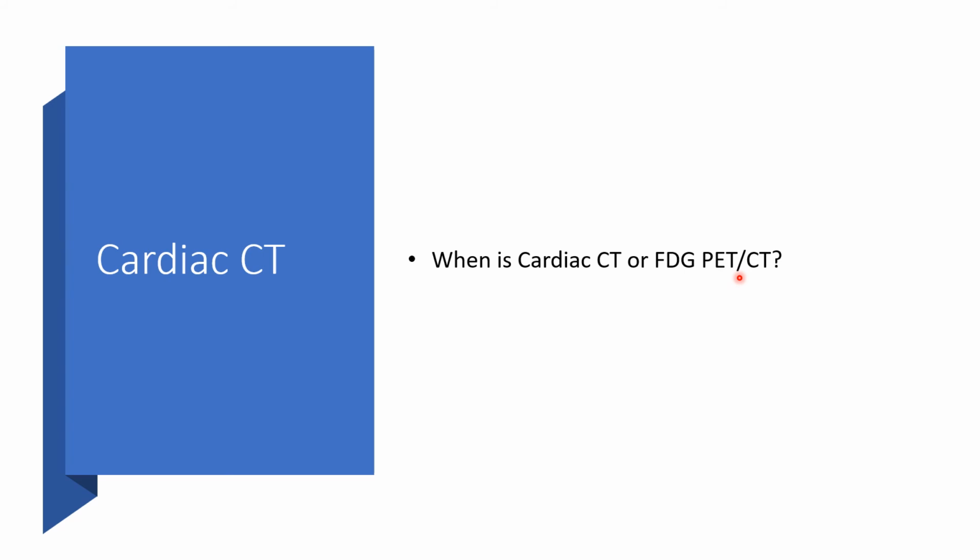Fluorodeoxyglucose positron emission tomography with CT will also be helpful when planning for surgery in patients with extravalvular complications. Cardiac CT is more informative than echo when TEE is precluded by artifact. Cardiac CT will be a better option.